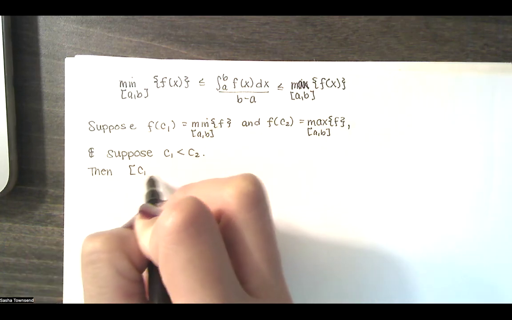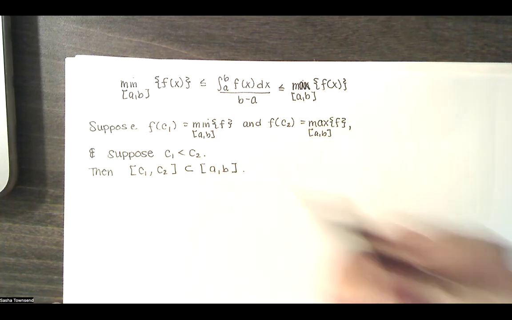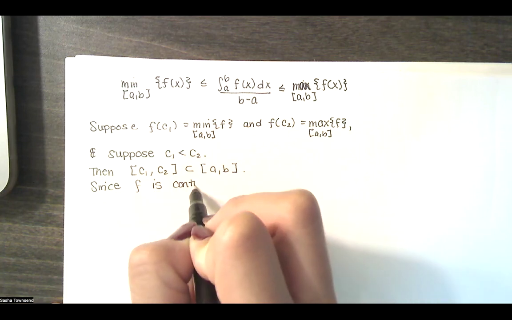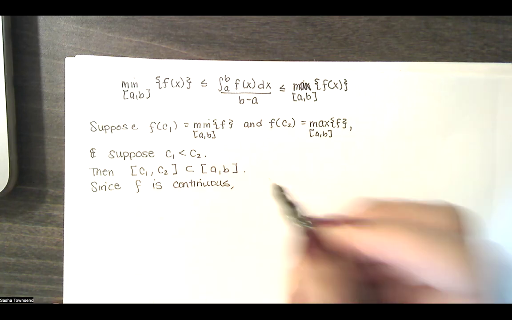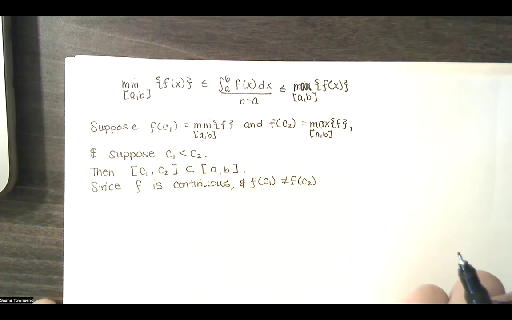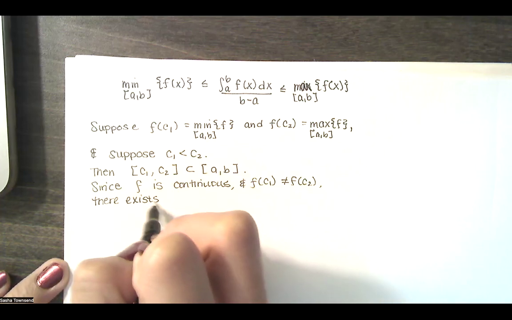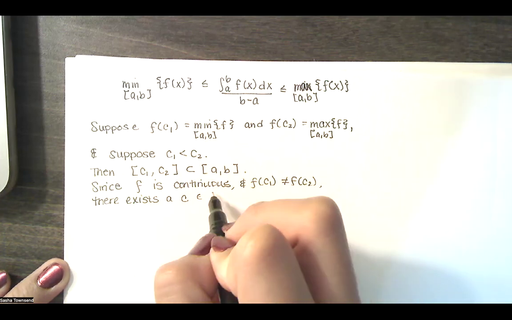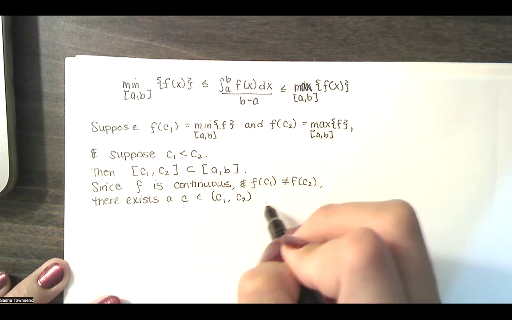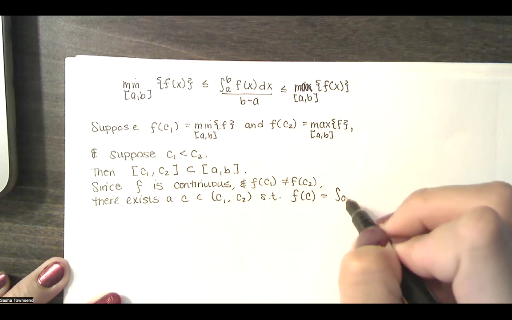Then the interval from C1 to C2 is contained within that larger interval from A to B. And since our function f is continuous, and f of C1 is not equal to f of C2, there exists a C between C1 and C2 such that f of C is equal to that value in between, the average value of the function.